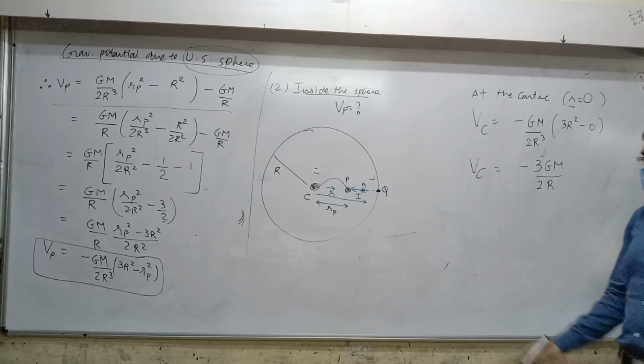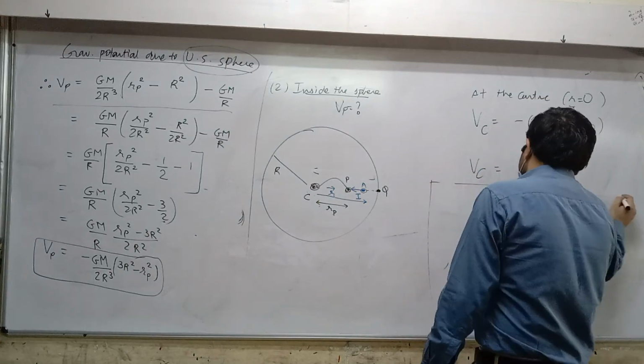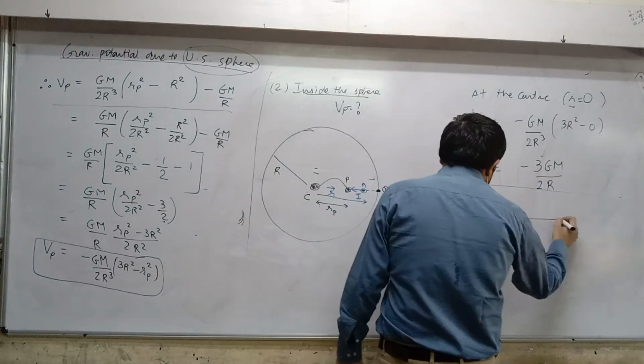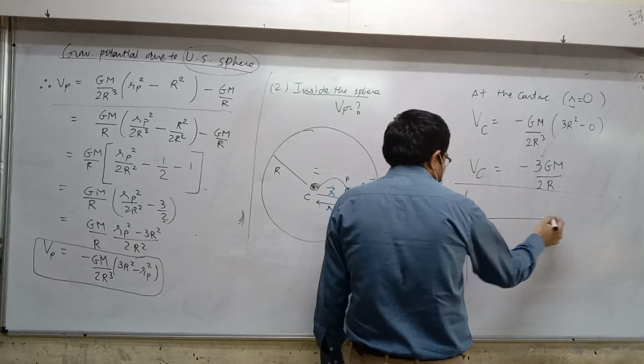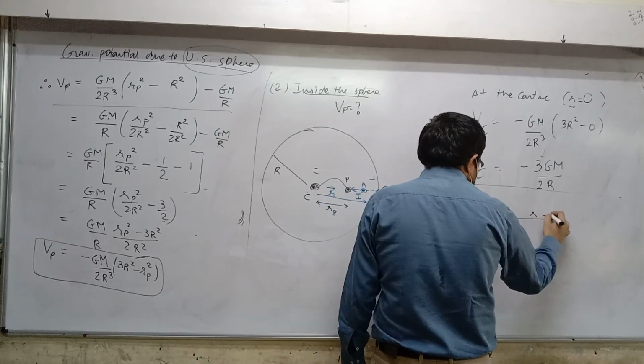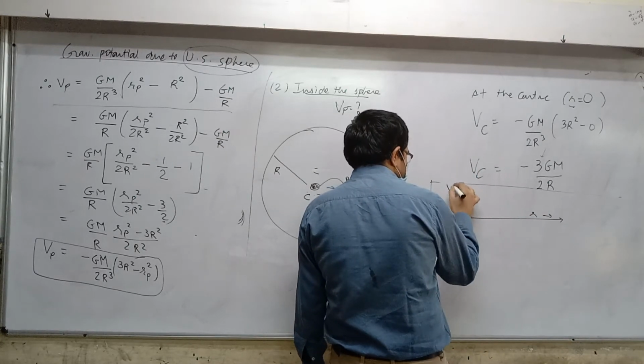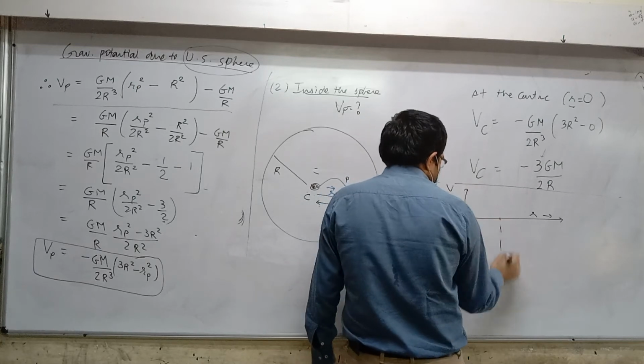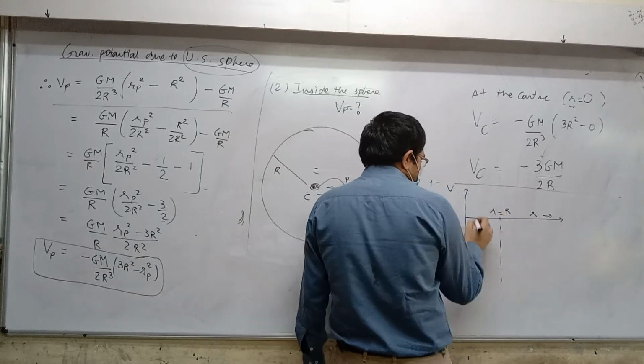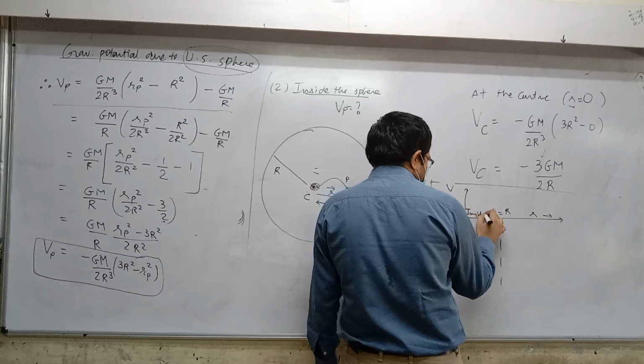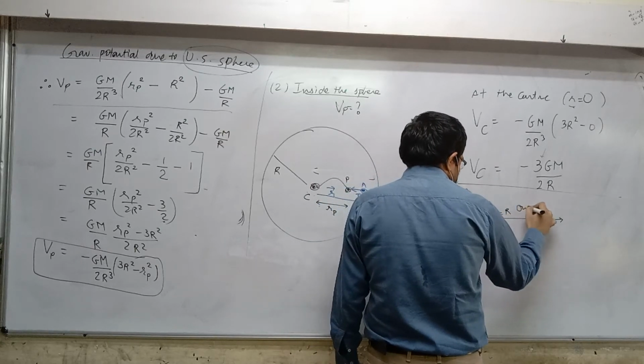Now time for the graph. The graph of all this. Okay, so r equal to 0 and r equal to R. This side is inside and here is outside.